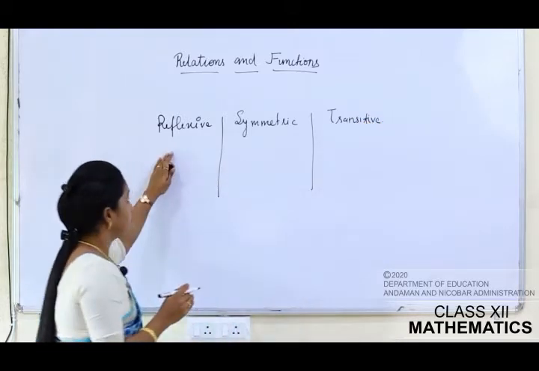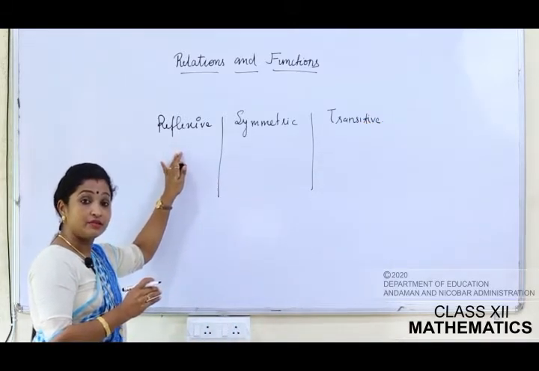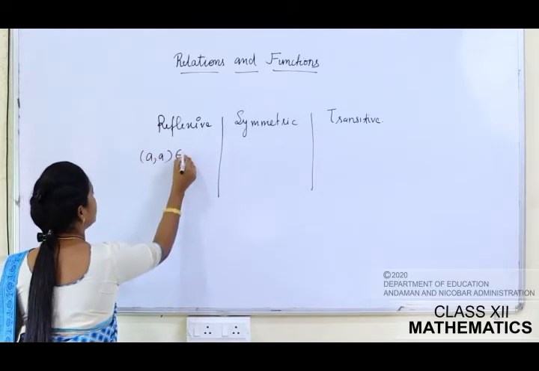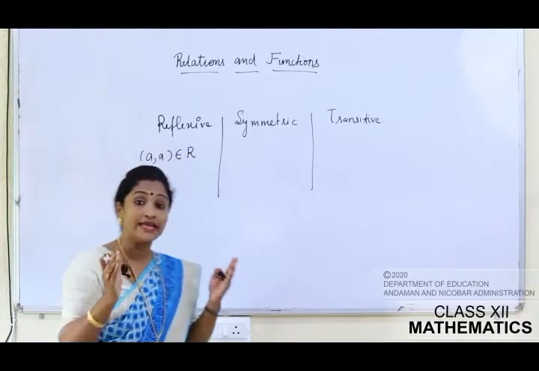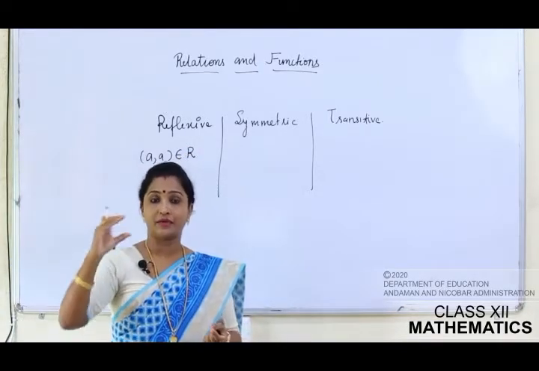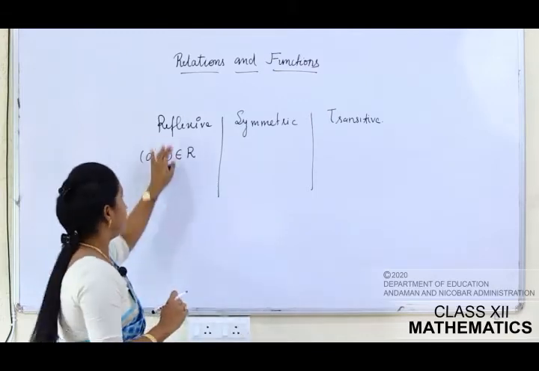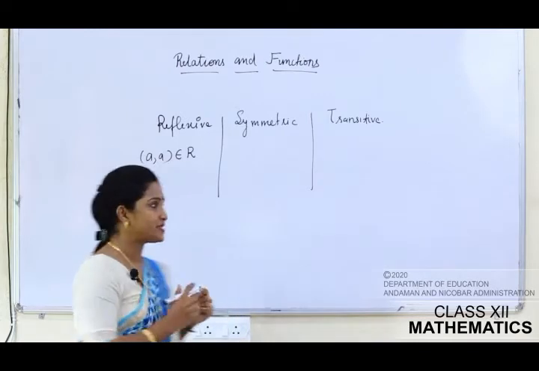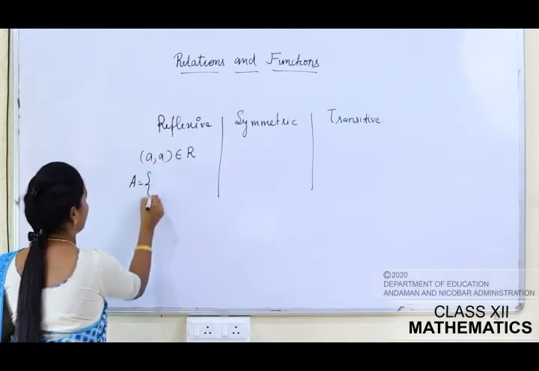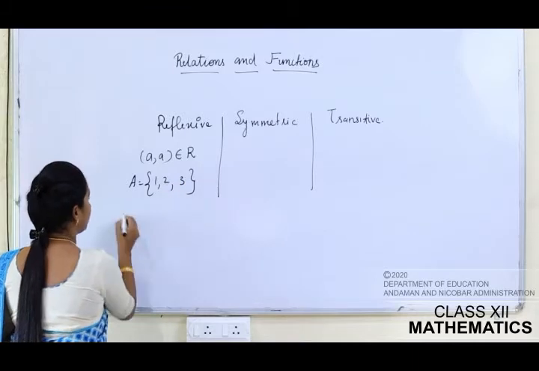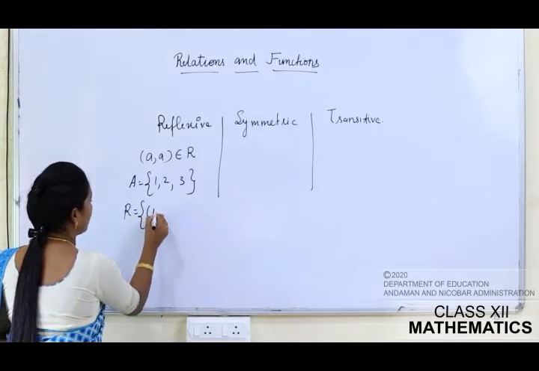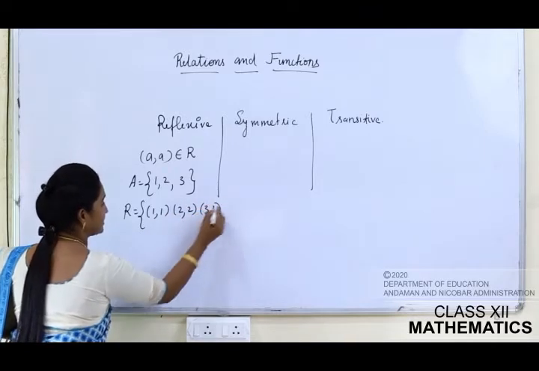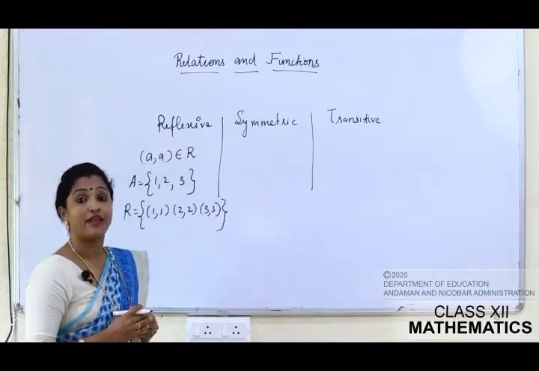See, I told you reflexive means the relation with itself, means (a, a) should be present in R. If you have got any relation, if (a, a) is present in R, then you can say that the relation is reflexive. खुद का खुद से relation. जैसे कि अगर आपके पास एक set है, suppose A = {1, 2, 3}. So if you have got a relation like this, you can say that this relation is a reflexive relation.